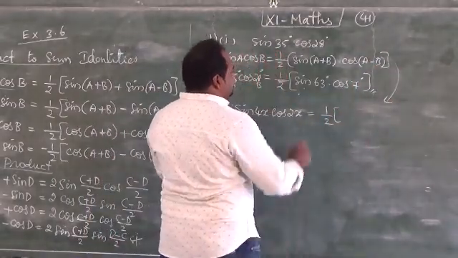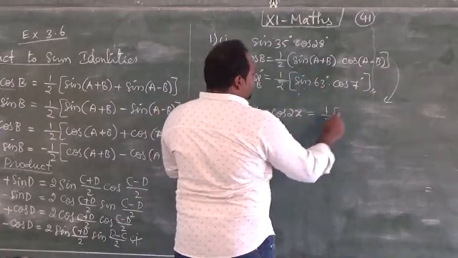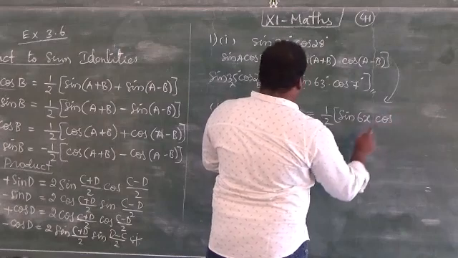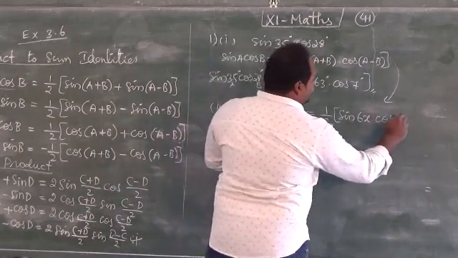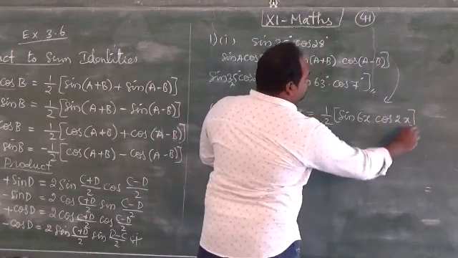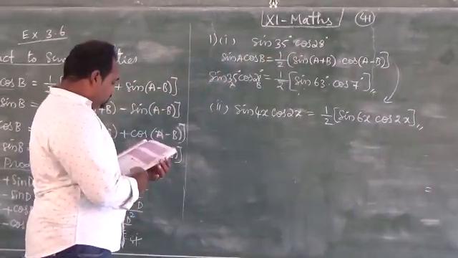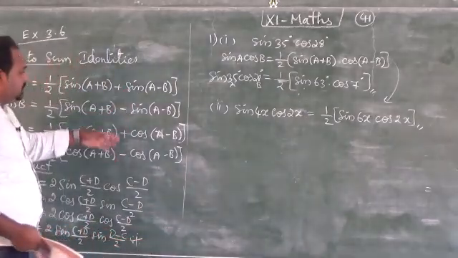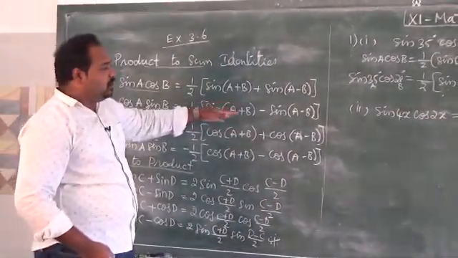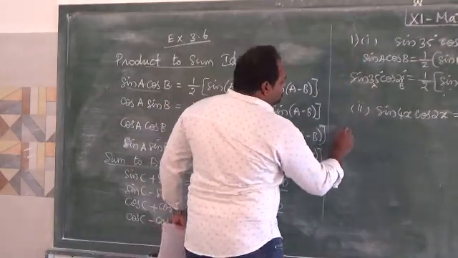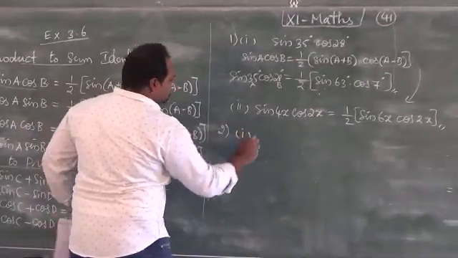The formula says sin(A plus B) is sin 6x, and sin(A minus B) is sin 2x, since 4x minus 2x is 2x. So this is the answer for the second subdivision. We have some more subdivisions. By using this property, you can do the remaining problems on your own.